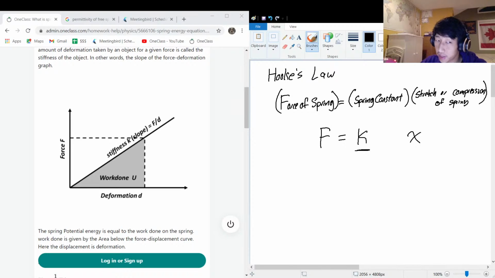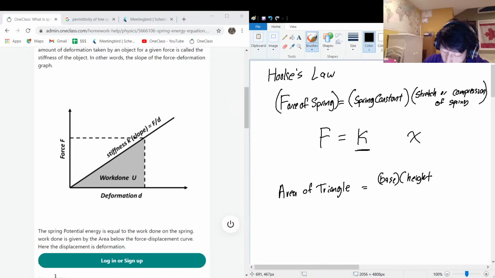Because it is a linear relationship, the area of a triangle is equal to base multiplied by height divided by 2. And the height is going to be the force.